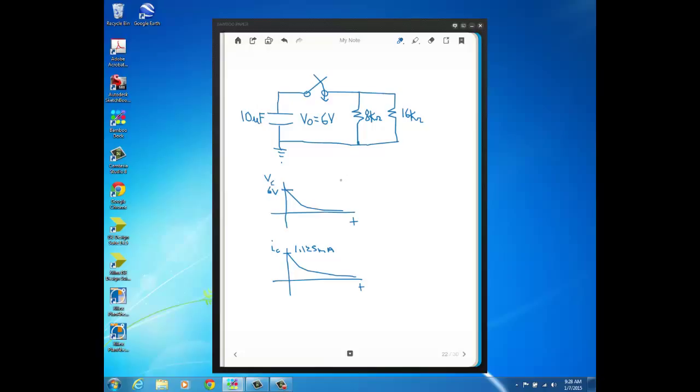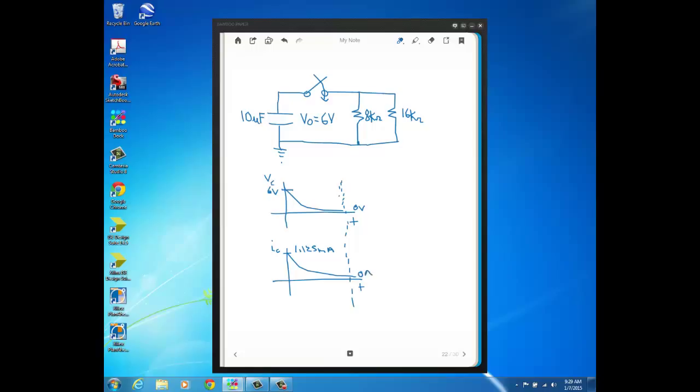We understand that all the stored energy is going to be dissipated in the resistances given enough time, 5 time constants, and therefore both the voltage at steady state and the current at steady state are going to be 0 in this discharge case.